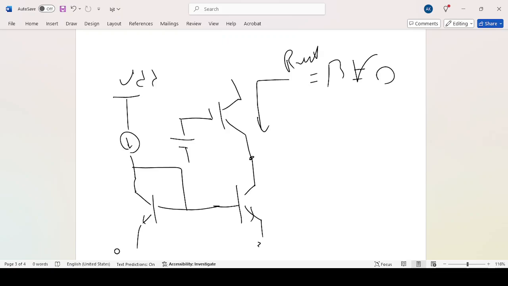So the R out will be beta times RO, which is huge, and beta is the ratio between IC and IB, and so it's in high orders, so you can increase the R out by a factor of beta, which is amazing.